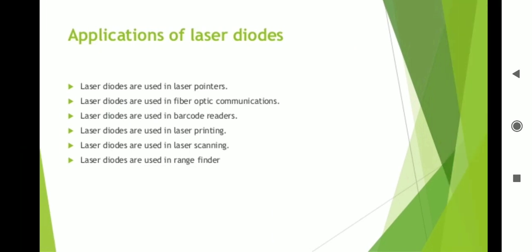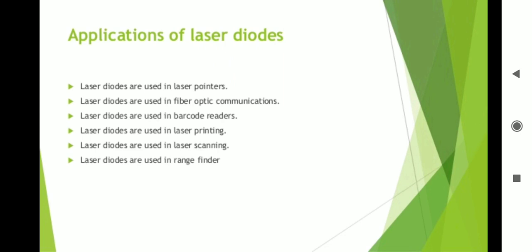So these are some applications of laser diode. Laser diodes are used in laser pointers and in fiber optic communications. These diodes are used in barcode readers, laser printing, laser scanning, and in range finders.